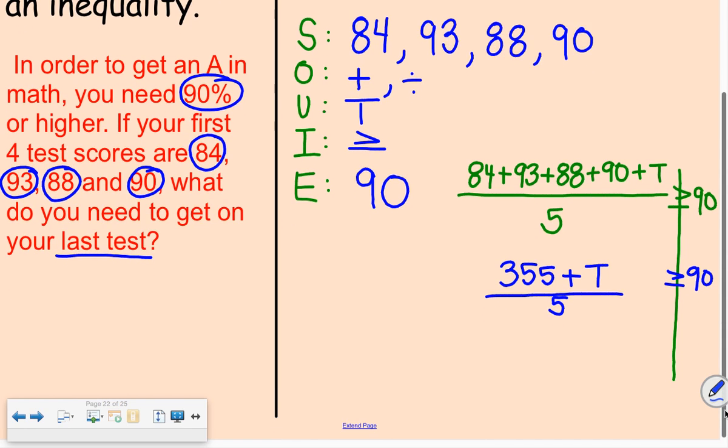Now, how do I solve this? Well, let's get rid of that 5 on the bottom of our fraction first. Get rid of our fraction. So times both sides by 5. So then I'm left with 355 plus T is greater than or equal to, and then 90 times 5 is 450. Subtract both sides by 355.